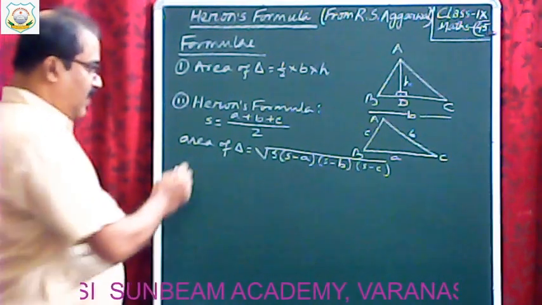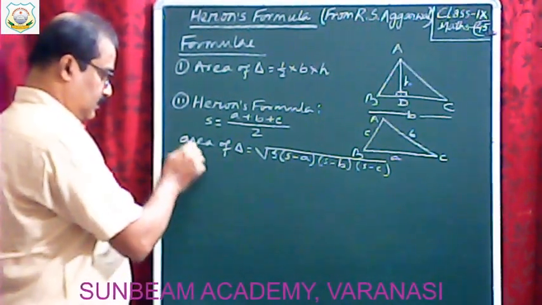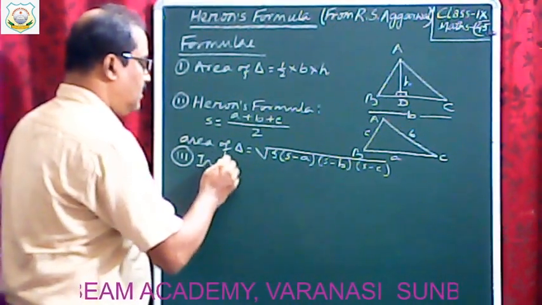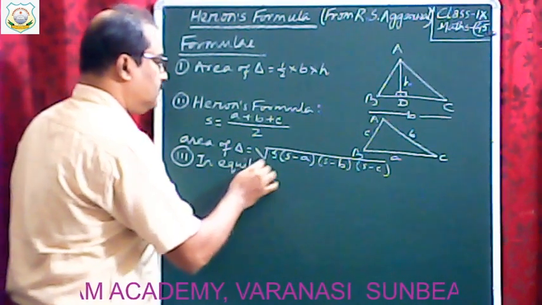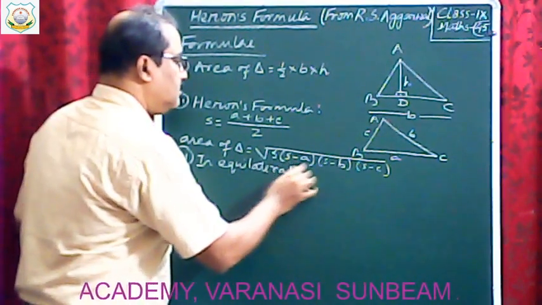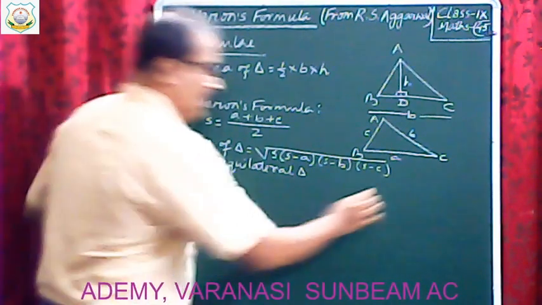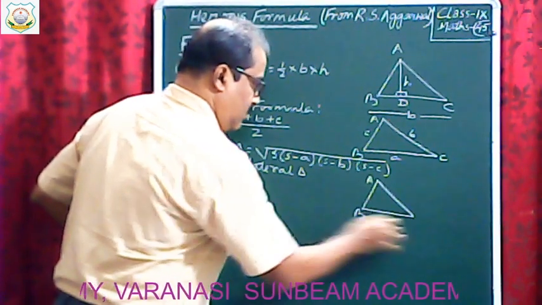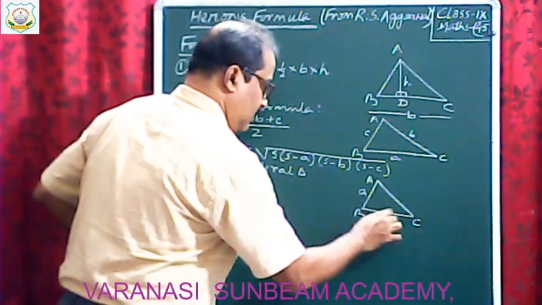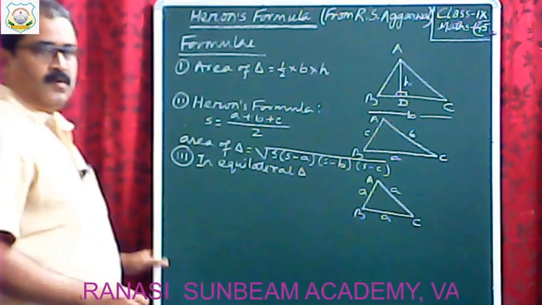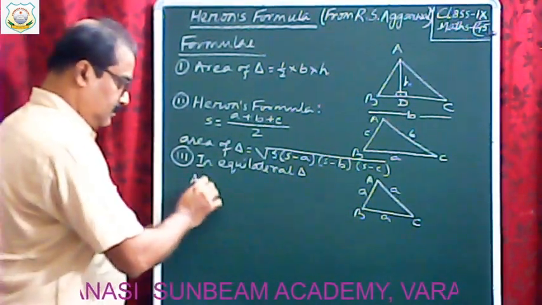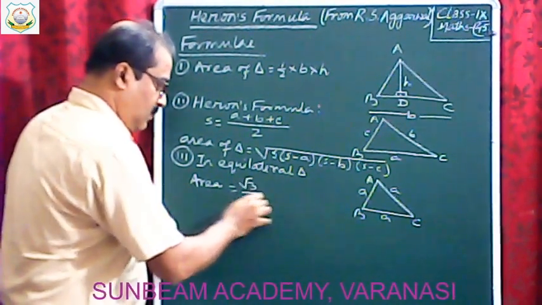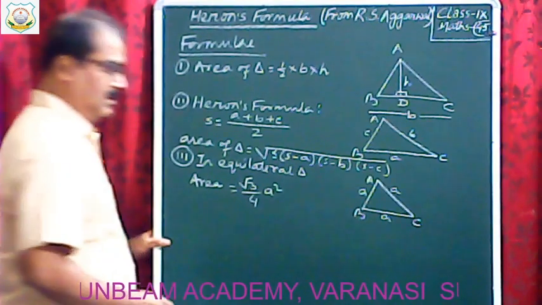In case of equilateral triangle, third, in equilateral triangle, you know all three sides are equal. Suppose ABC equilateral triangle, and sides denoted by a. Okay, then area equal to square root 3 by 4 into a square.